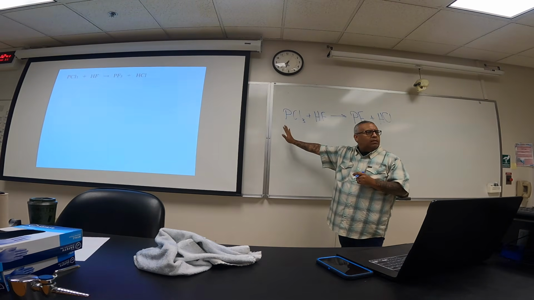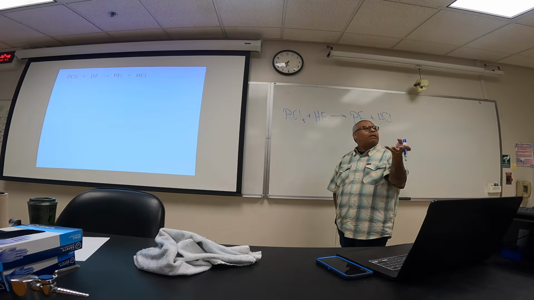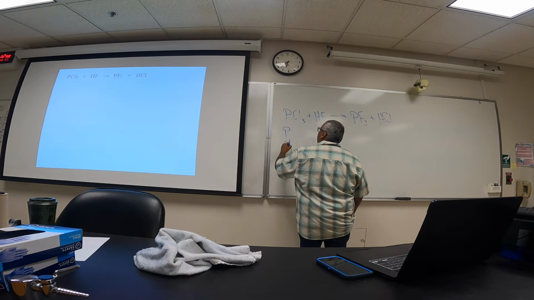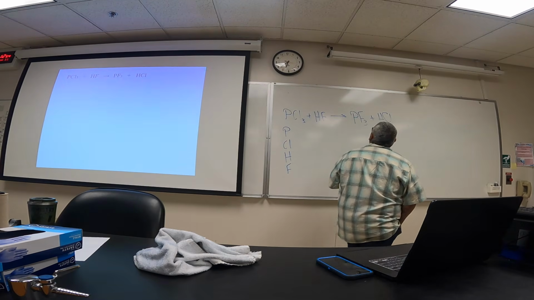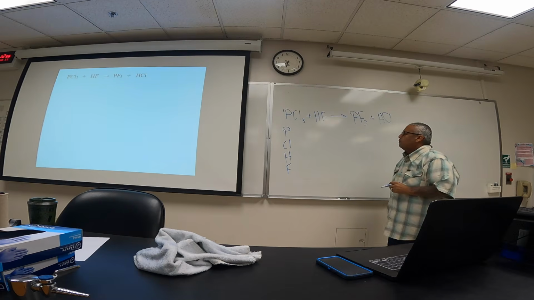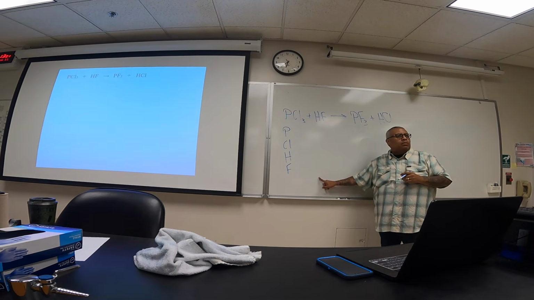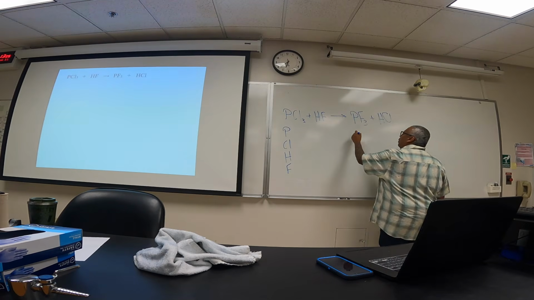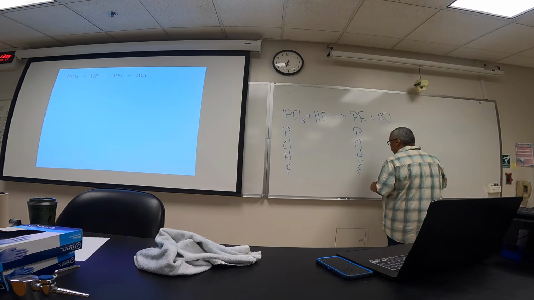I'm going to look at the reactant side, and I'm going to do some bookkeeping on the elements that I have. So I know I have phosphorus, I have chlorine, I have hydrogen, and I have fluorine. Now, in the exact same order, but on this side of the reaction arrow, I'm going to write the exact same thing: phosphorus, chlorine, hydrogen, and fluorine.